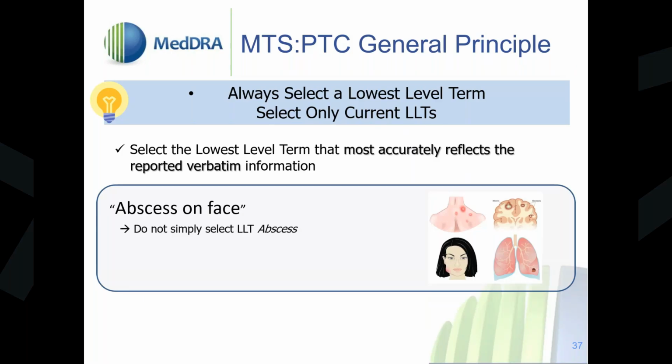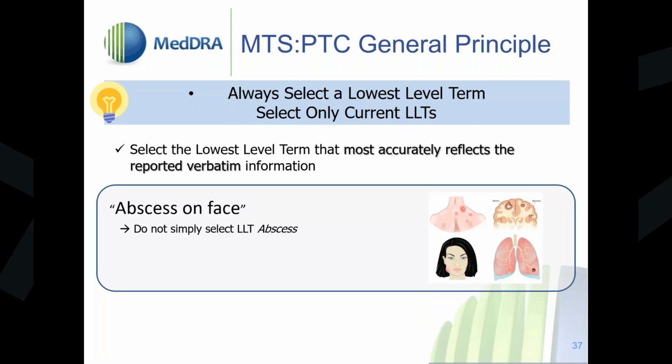But if you stay with that abscess, you haven't selected the most accurate and the best option for LLT, because abscesses can occur in the brain, in the lungs, and in those kind of abscesses, the hierarchy in MedDRA will also link them to the nervous system or the respiratory system. So you have to be very careful, because if you don't select the most accurate LLT, you may be changing the hierarchy in MedDRA and dispersing the signal.